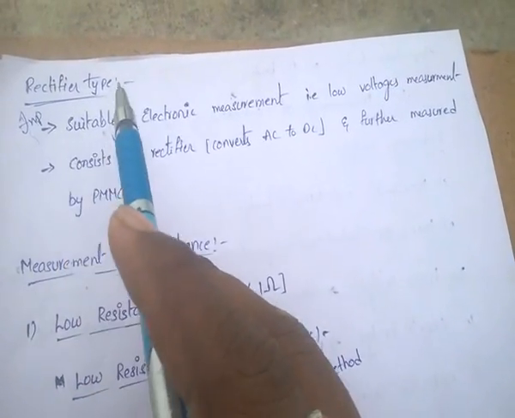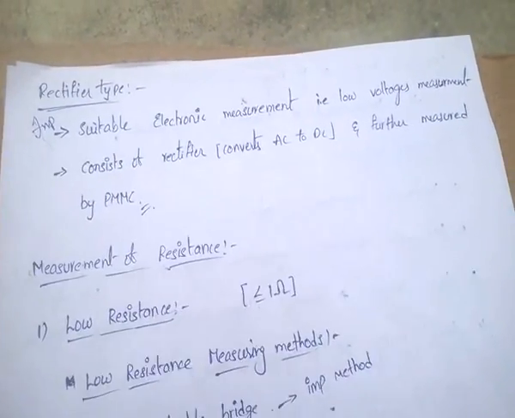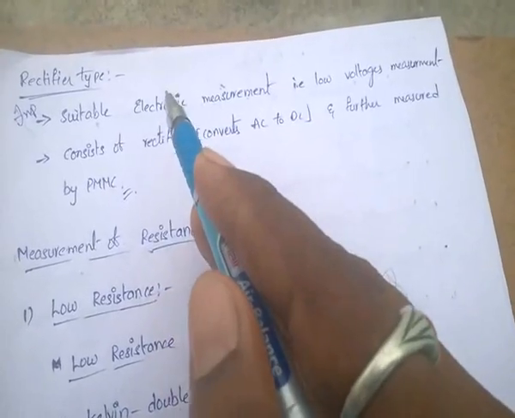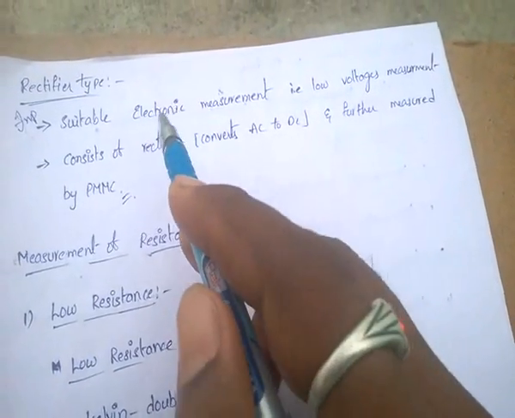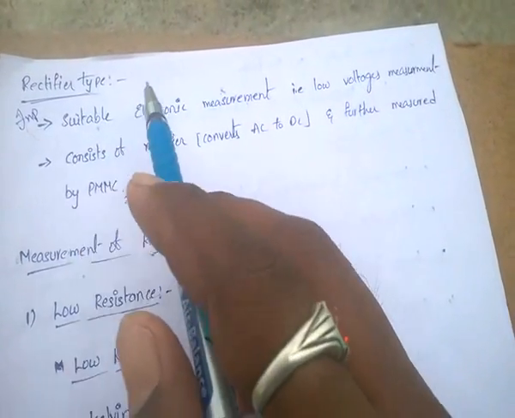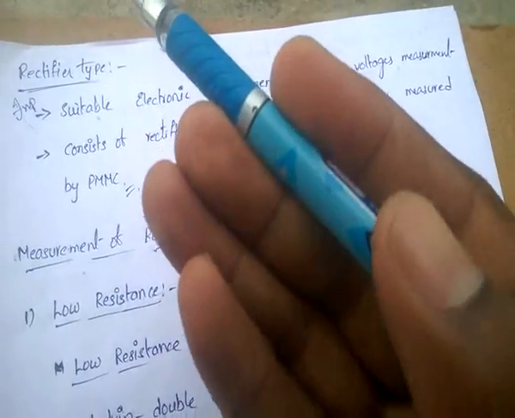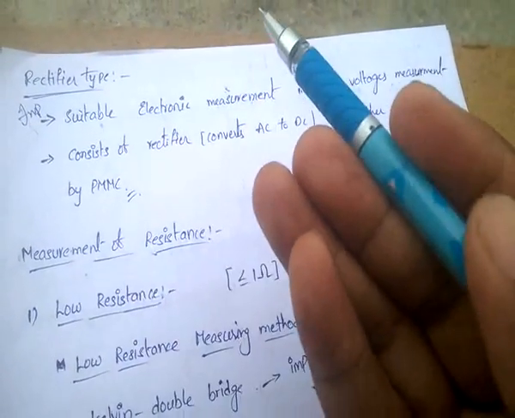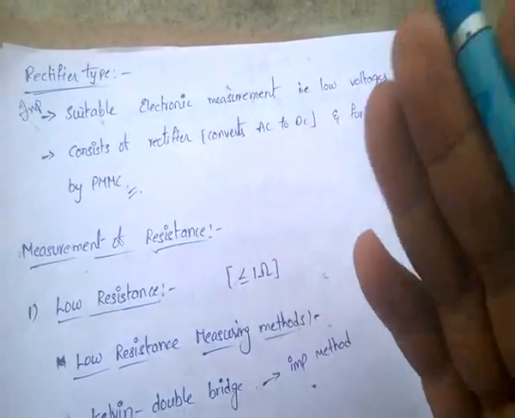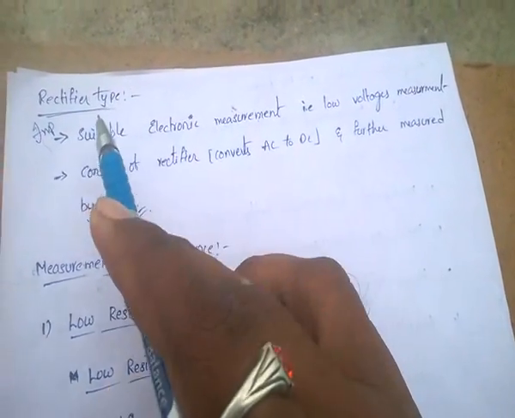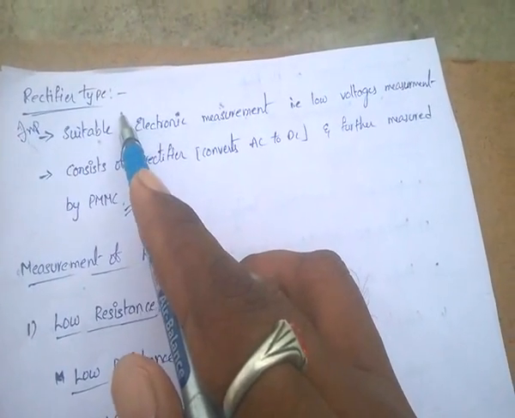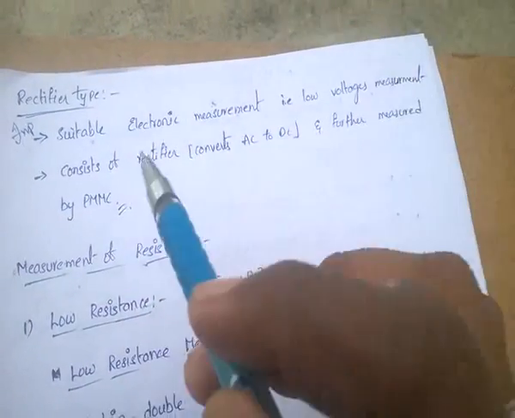What is the principle of rectifier type? What is a rectifier? It converts AC to DC. That's why it converts AC to DC and is further measured by PMMC. PMMC measures DC voltage and DC current. So the rectifier type converts AC to DC and is further measured by PMMC.